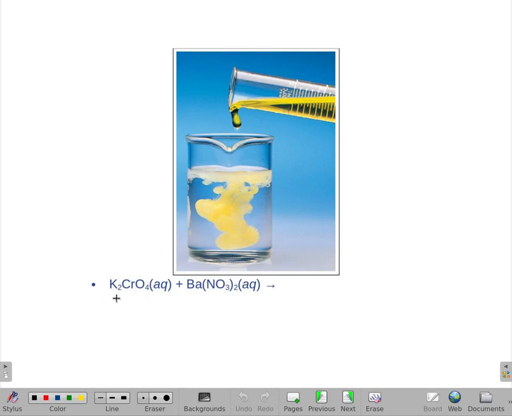All right, so we're going to start by swapping our metal. I'm going to put the potassium with the nitrate and get KNO3. And I'll put the barium with the chromate.